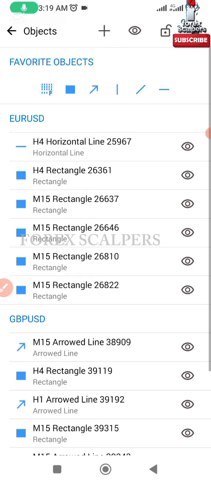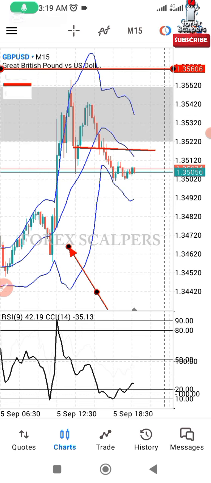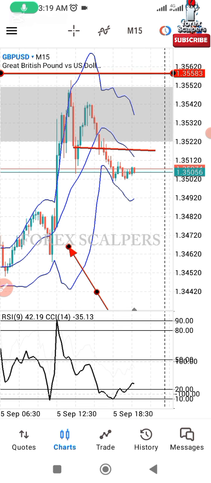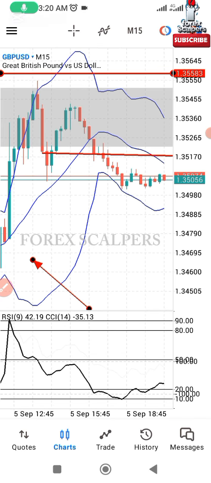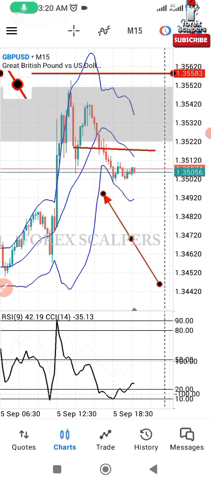This is our stop loss. Our stop loss should have been there, and then you can see how the price is playing out after that. So you can see that price keeps pushing to the downside.